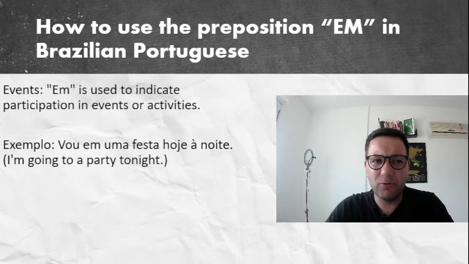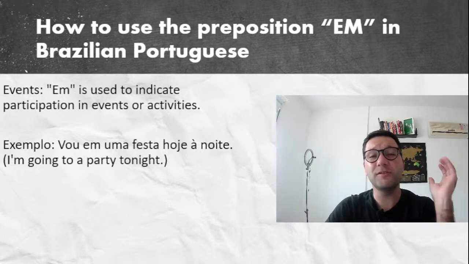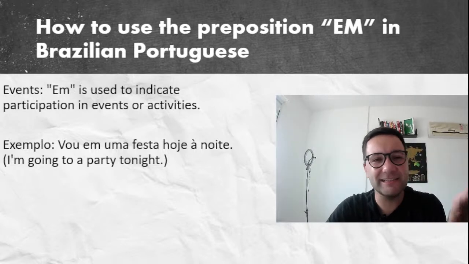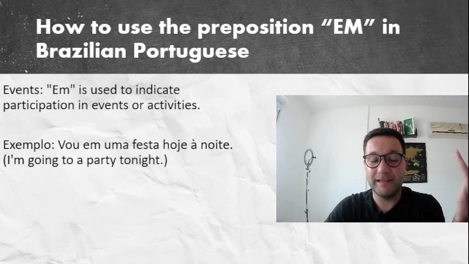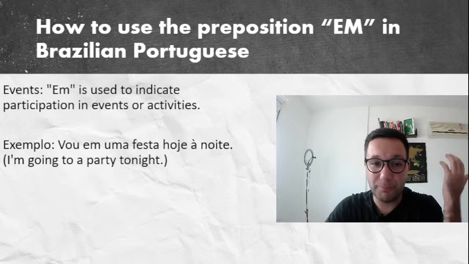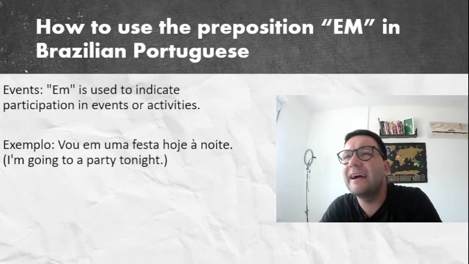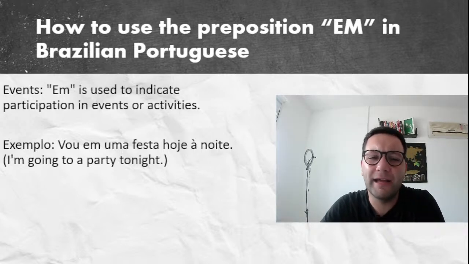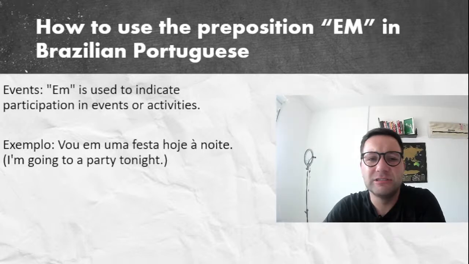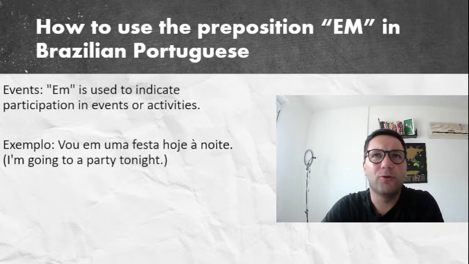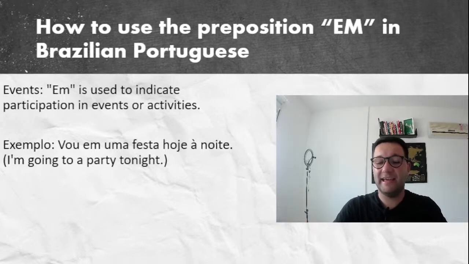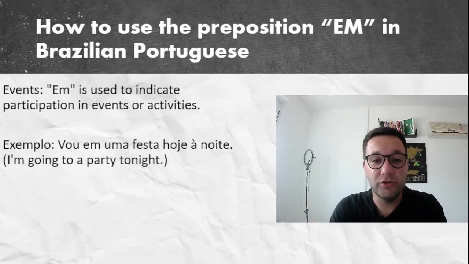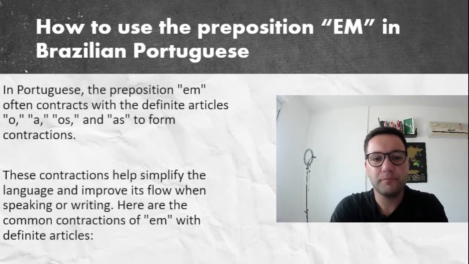Vou em, I'm going in a party, but you don't translate this em as in English because it wouldn't make sense in English. But here we can use it as a synonym of para. Vou em uma praia. I'm going to a beach. Eu vou em. We sometimes can use this preposition em as a synonym of para.